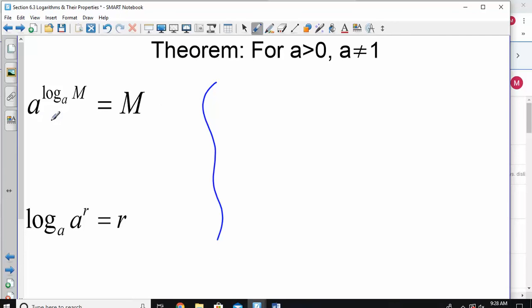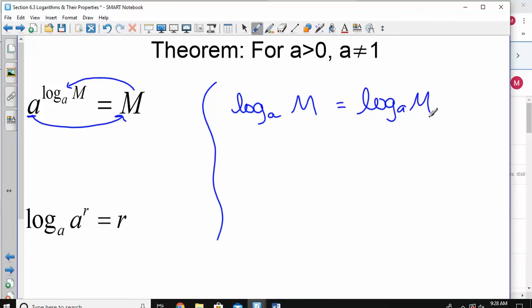This first one is written in exponential form. If I wanted to write it as a log, the base of the log is the base of the exponential, of m, equals log base a of m.